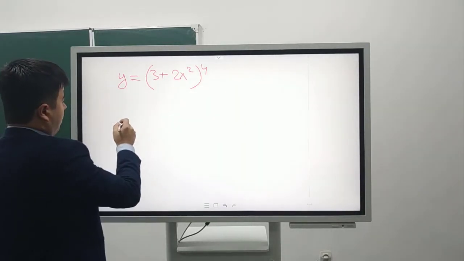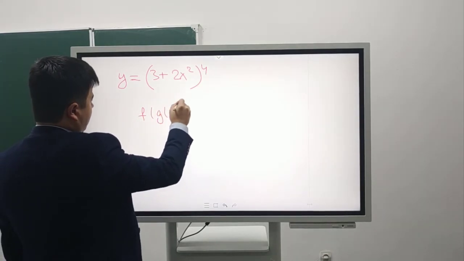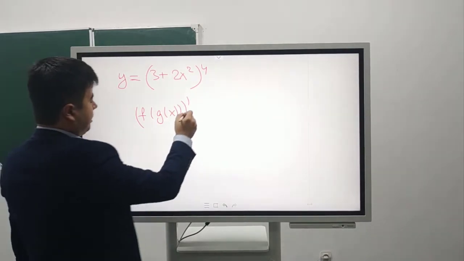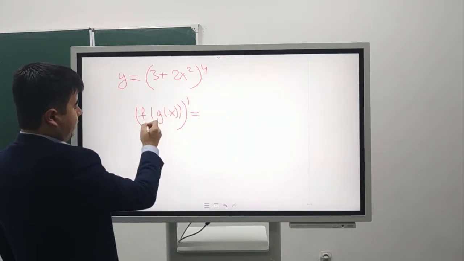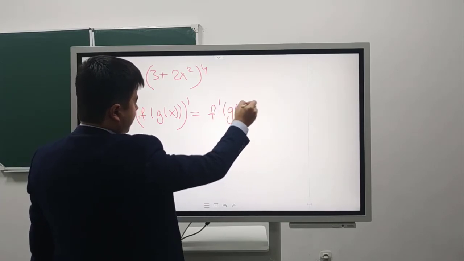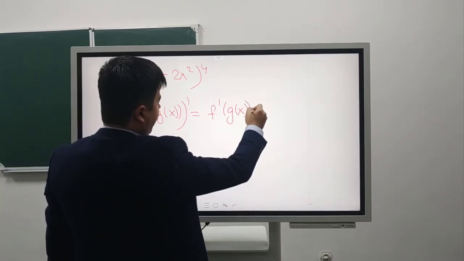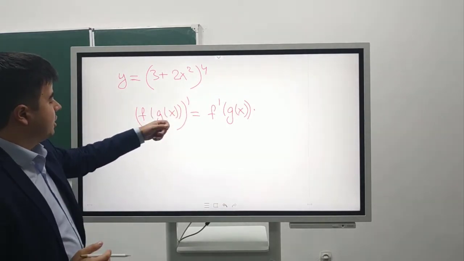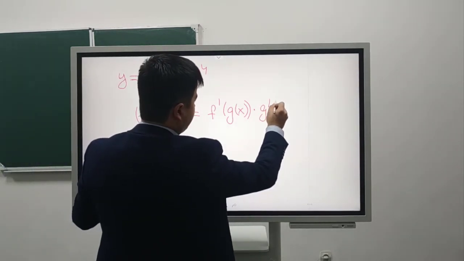The derivative of the function f of g of x is the derivative of the first function, f prime of g of x, where the argument is the next function, and we need to multiply by the derivative of this second function also, g prime of x.